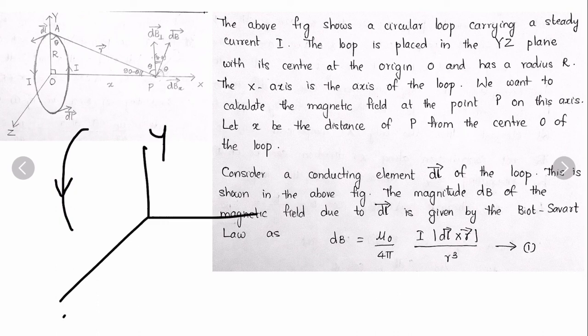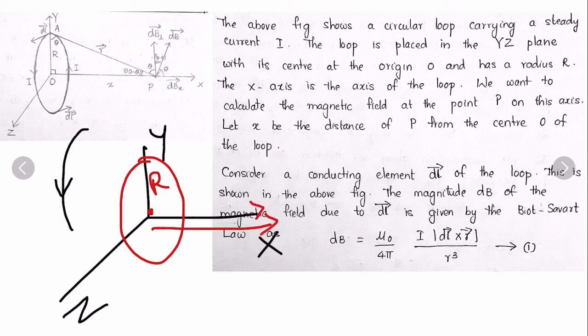So this is the y-axis, this is the z-axis and this is the x-axis, and our loop is placed here with its center at the origin, and it has a radius capital R. The x-axis is the axis of the loop, and we want to calculate the magnetic field at the point P on this axis. P is at a distance of x from the origin O.